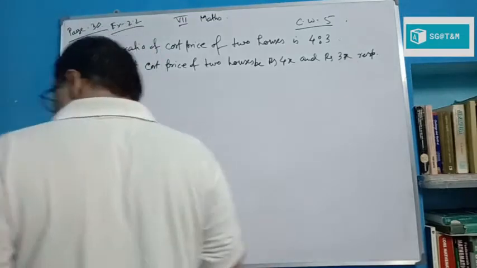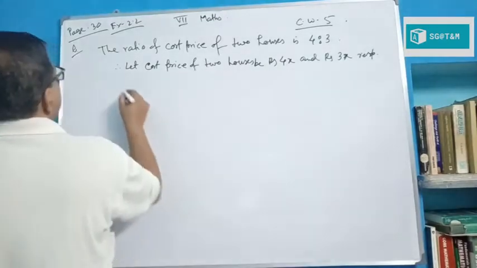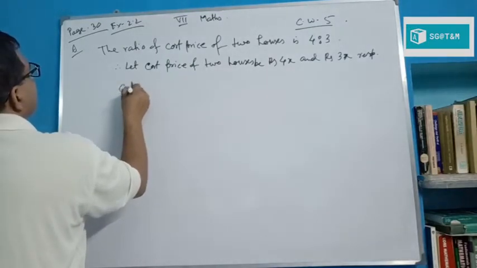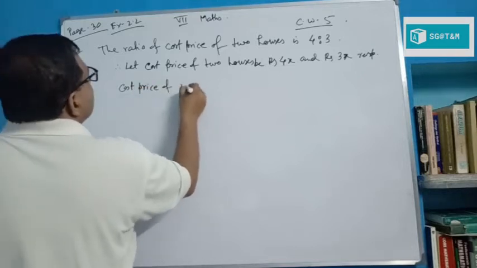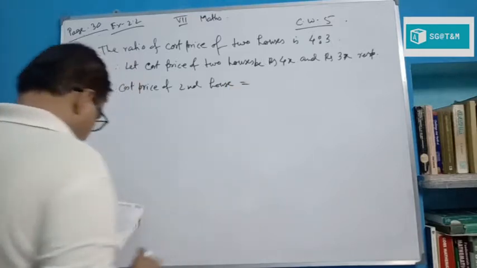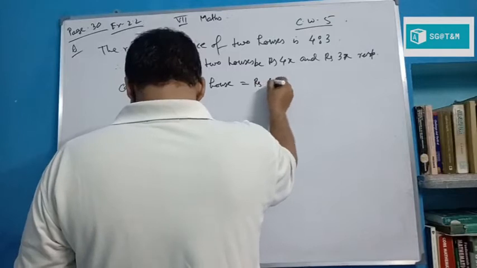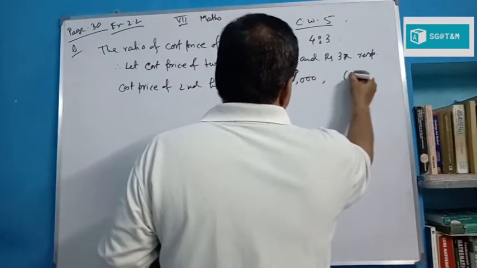This means respectively, not in full form. So it is given that the cost price of the second house is rupees 4,20,000.